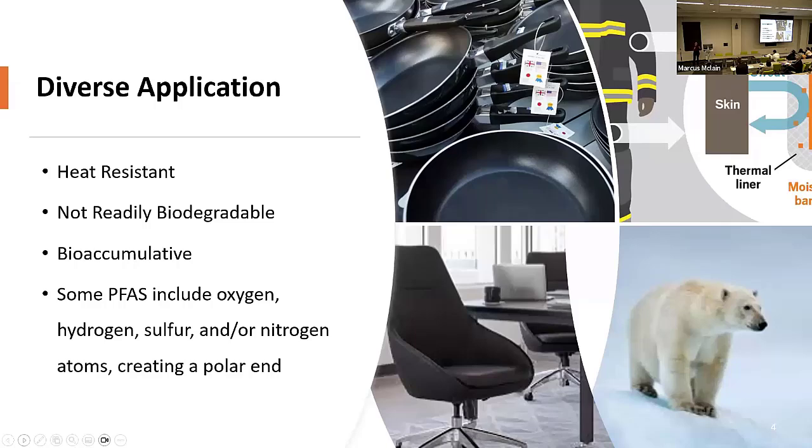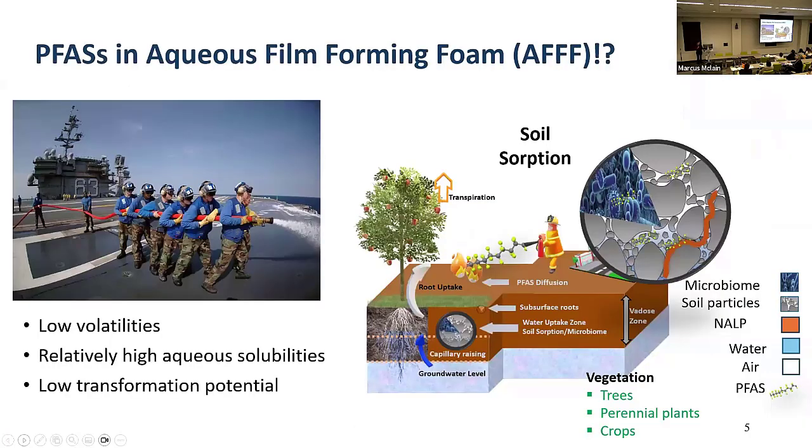And as you saw in a previous slide, they have carbon, hydrogen, nitrogen, and oxygen that create a polar end and give them chemical stability. So it's really important to find a method for remediation, monitoring, and detection of low concentrations and amounts of these chemicals in different environments, especially in water systems.